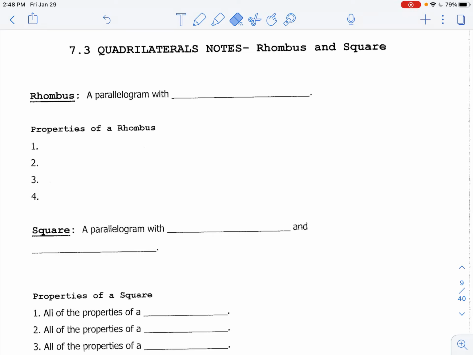Today's notes cover 7.3, the rhombus and square. So a rhombus is a parallelogram with 4 equal sides. The properties of a rhombus include 4 equal sides. The diagonals bisect the angles.